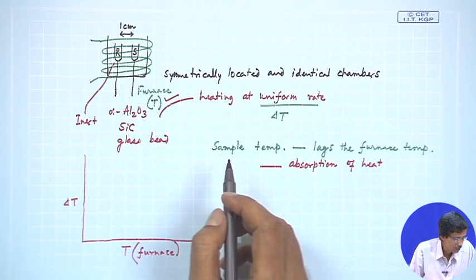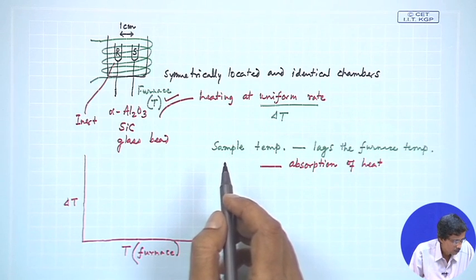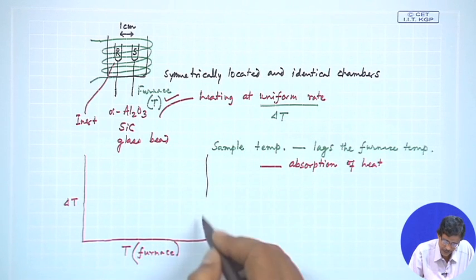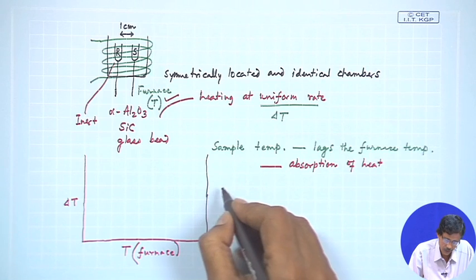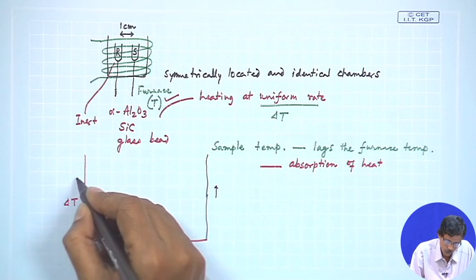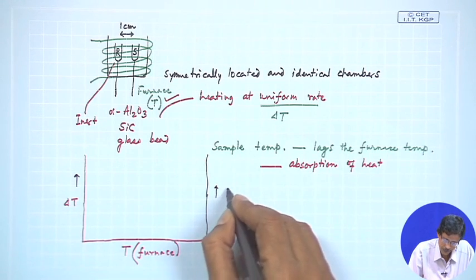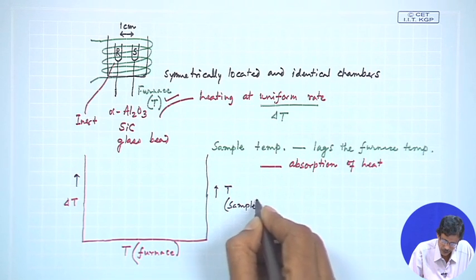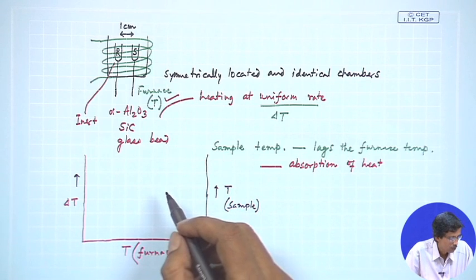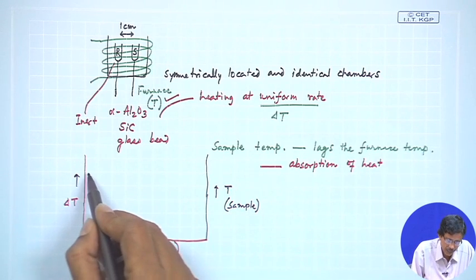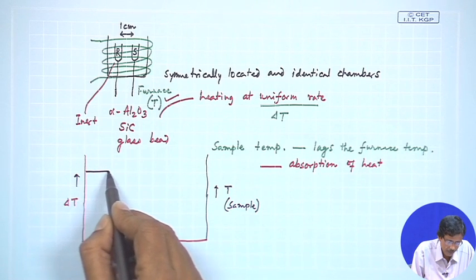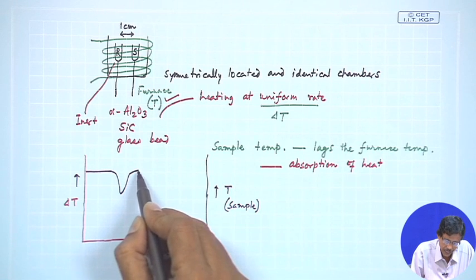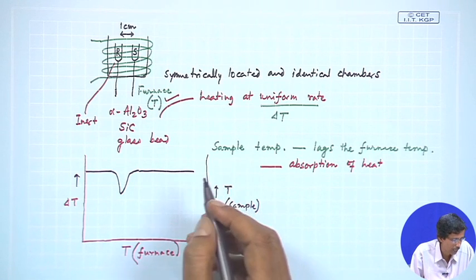So, delta T is there, and if we plot on the other axis the corresponding temperature of the sample, then when it is delta T, we have a plot like this, which also has a dip, and then it goes again to the horizontal line.